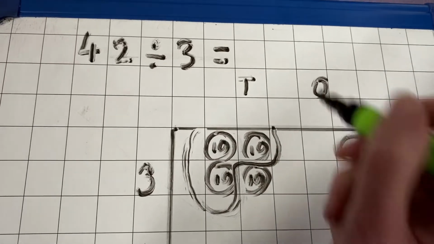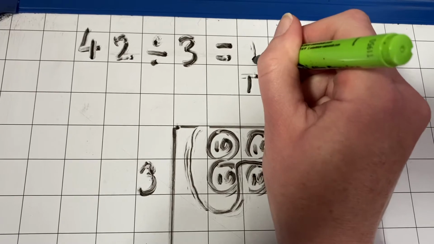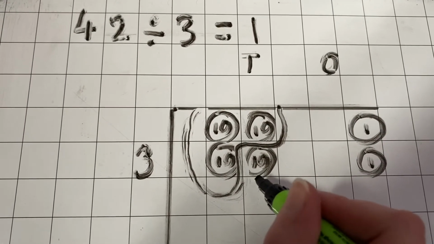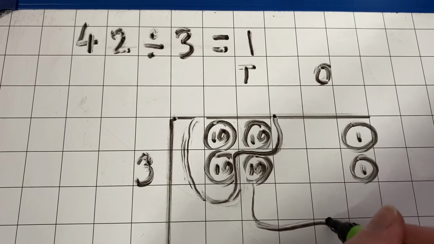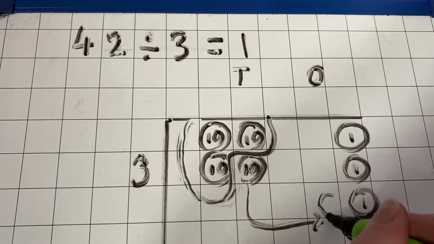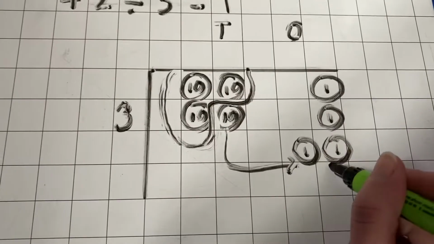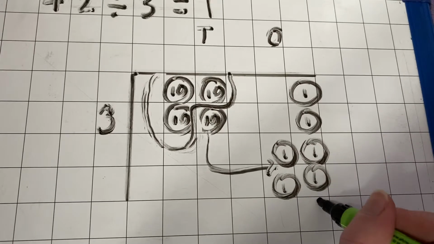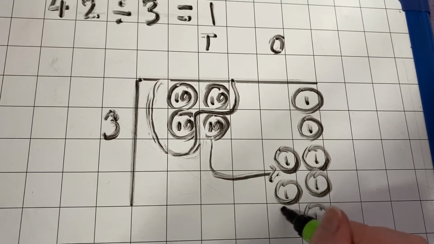So I know that I've got one group of 3 here, but I have 10 here, so that's going to go into my ones, and I'm now going to put 10 ones this side.